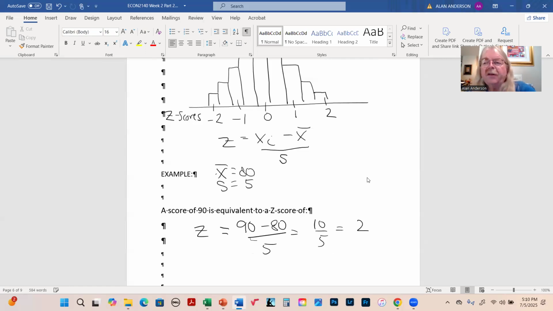Two. You can see from the graph that that's a fantastic score. You did better than, let's say, 90. The actual value, I think, is 93%. But anyway, a z-score of 2 means you did fantastically well.